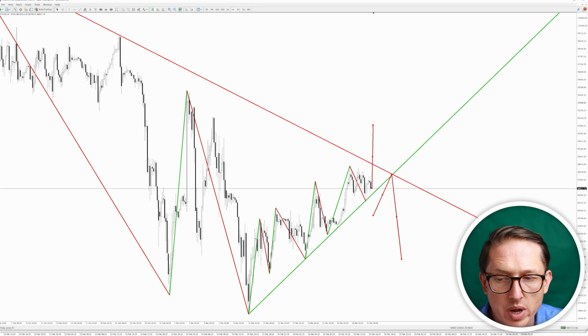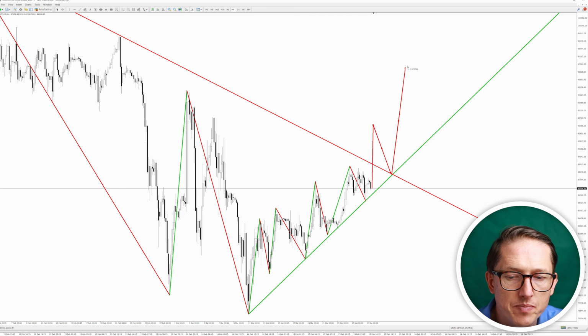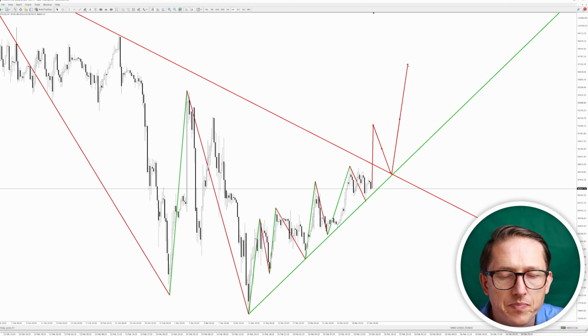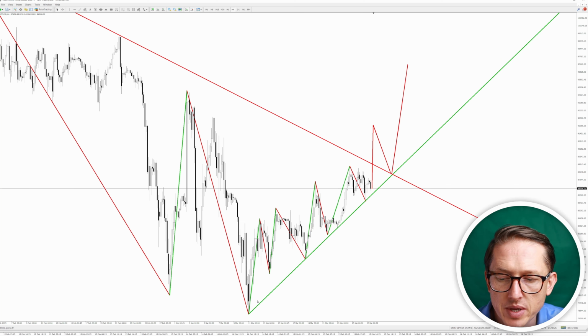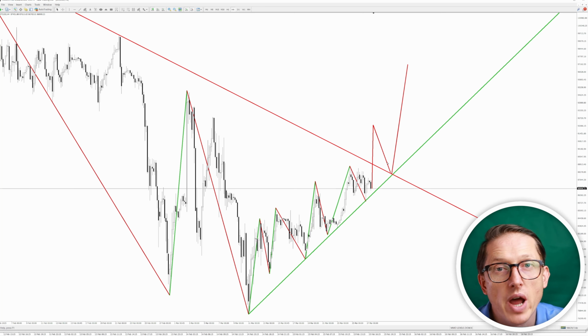so what could happen? Of course, we could break out here. And then, voila, we could go up. That's an option as well. But because we are on the 4-hour chart still in a bearish movement, I treat this movement here as a correction and I'm waiting for the impulse.